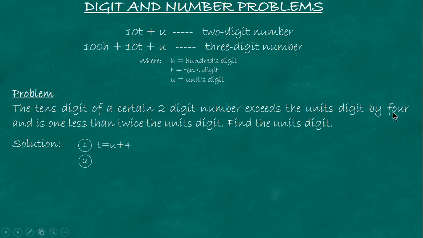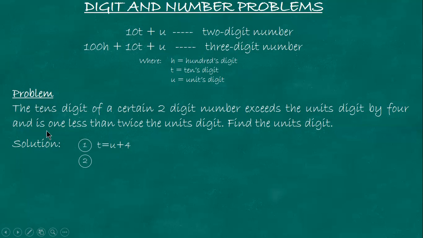Sorry, exceeds by 4. So if the units digit is 5, the tens digit is 9, because it exceeds it by 4. So that's the equation: units digit plus 4 gives the tens digit.